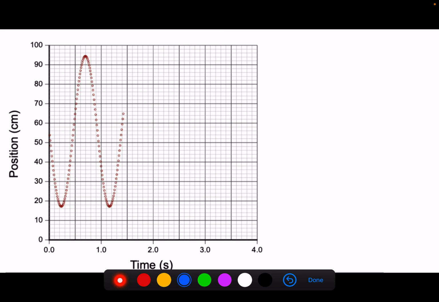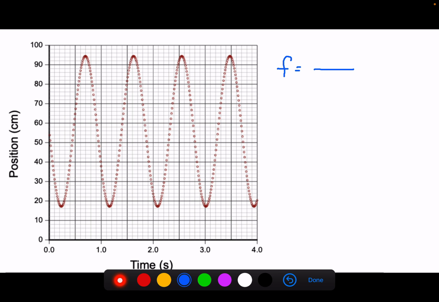just like before, we count our oscillations. It's the same graph, so it's 4 oscillations. But now when we find frequency, the time goes on the bottom and the number of cycles goes up top. So now we have something like 4 cycles, and took 3.7 seconds.